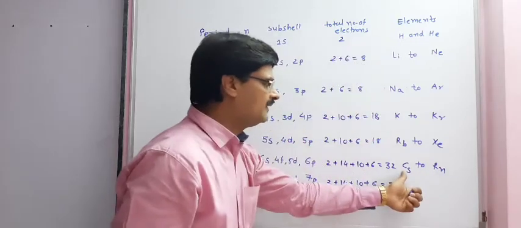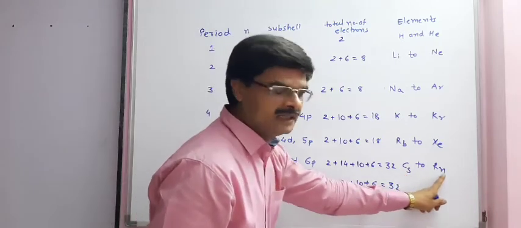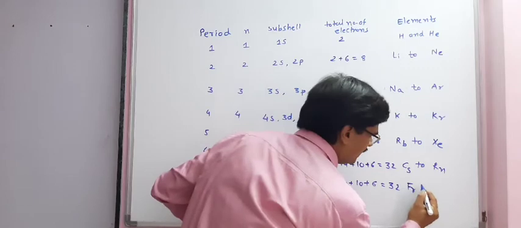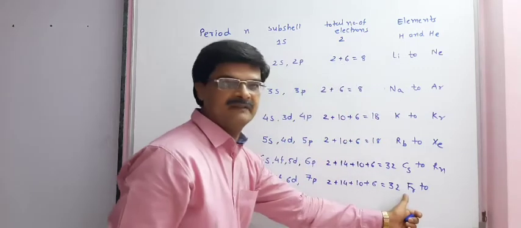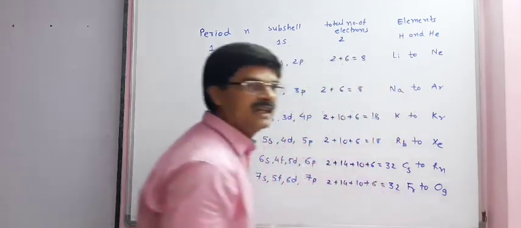So elements present in period number 6 are from cesium to radon, and the last period contains elements from francium, atomic number 87, to oganesson, atomic number 118.